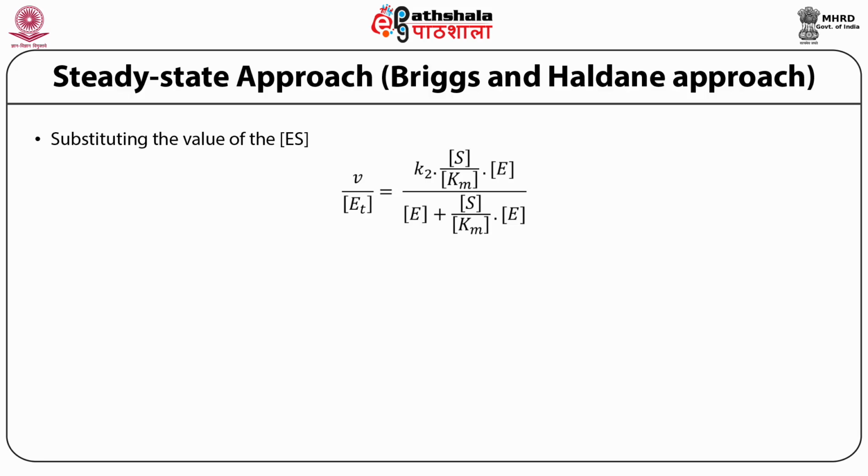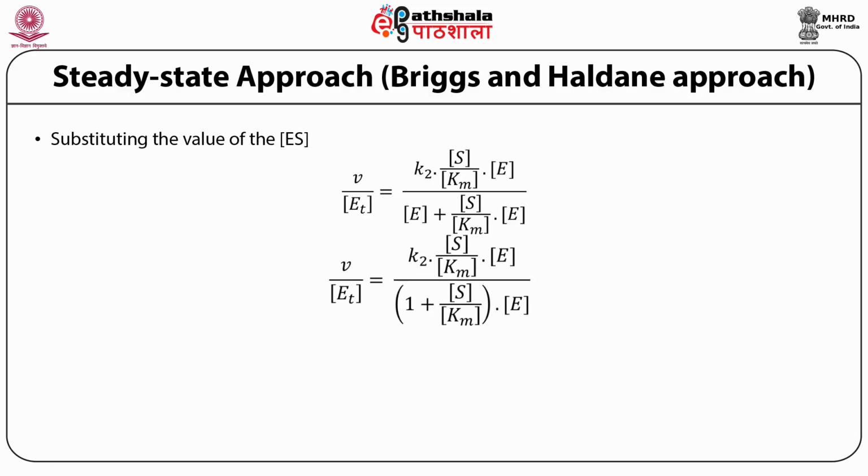So we are replacing ES with S upon Km into E. And if you solve it, you will find the final equation of V upon ET is equal to K2 into S upon Km into free enzyme divided by 1 plus S upon Km multiplied by free enzyme.